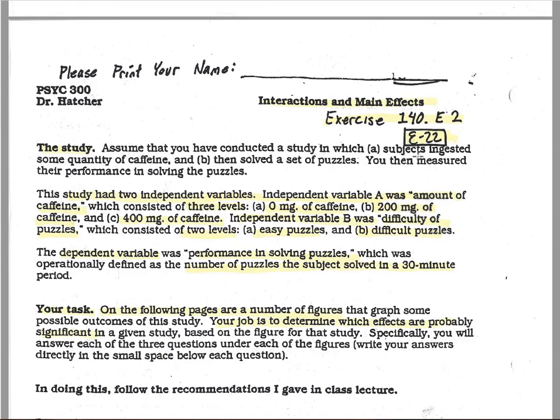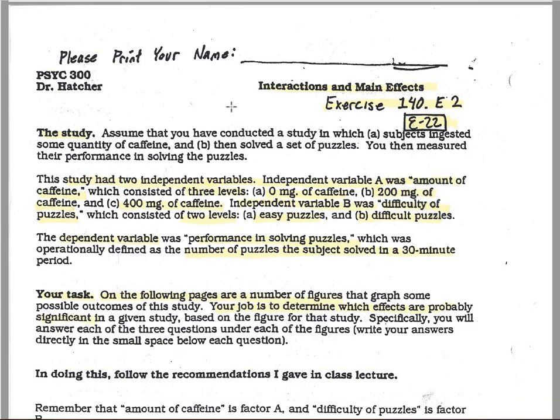This exercise is going to be on pages E22 through E24. Do pull this exercise out and look at it, because I'm going to go over this exercise at this time. This is what your 4-point Canvas quiz will be based on. Pause the video if you need to pull out that exercise.